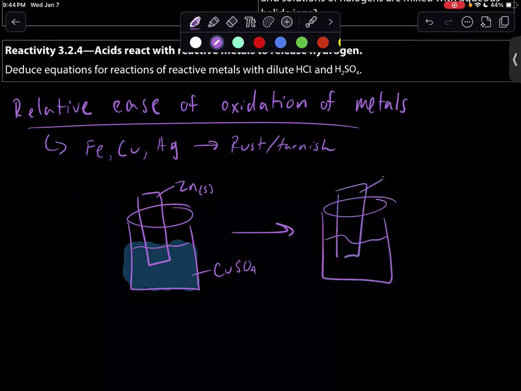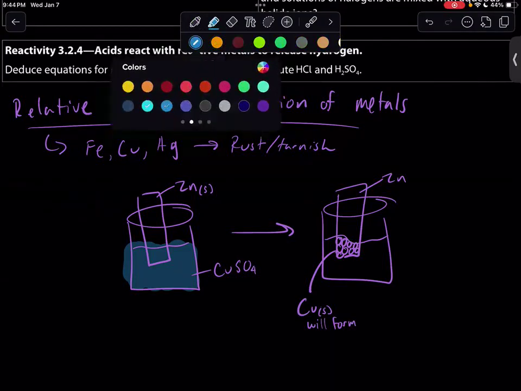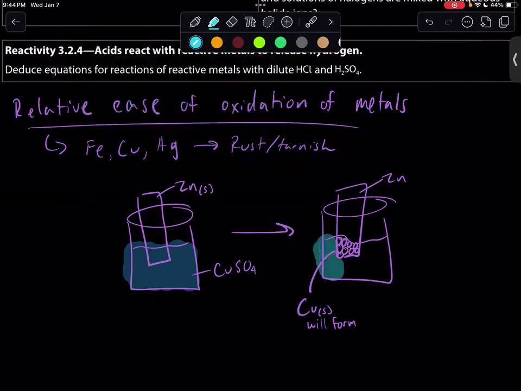We'll notice that on the zinc, we will start forming solid copper. So Cu solid will form. Furthermore, this solution, which was once blue, will actually lighten up a little as copper is pulled from solution.